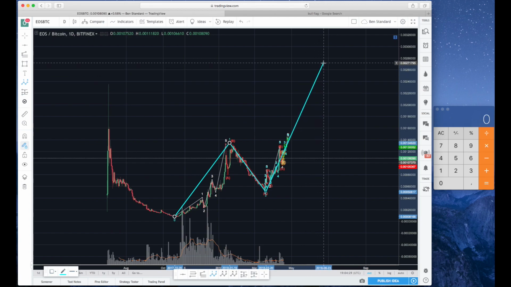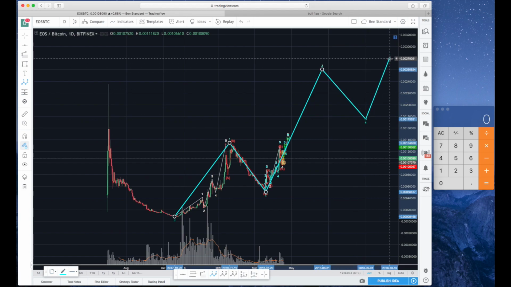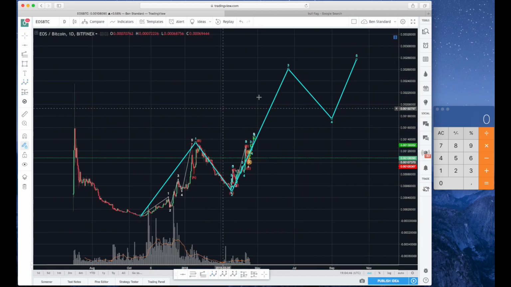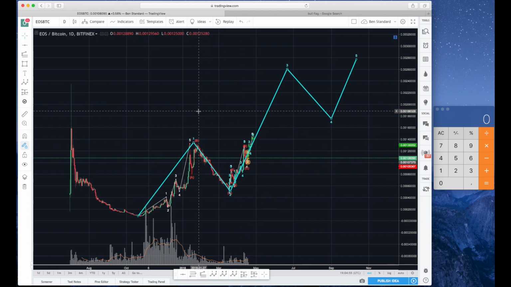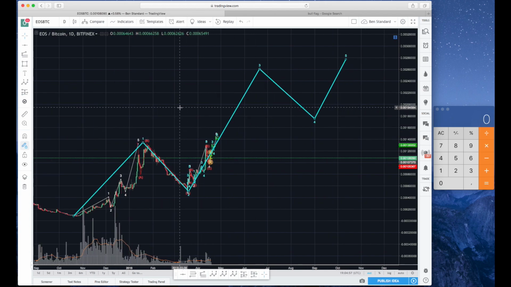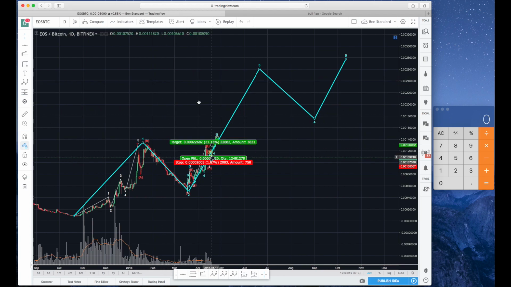So that means I need to set the third wave up here, somewhere up here, and then fourth wave, and then fifth wave. So this is just speculative. I wouldn't trust this prediction that much, because we need confirmation that this is actually going to happen. So as soon as we get more data, I will update this.